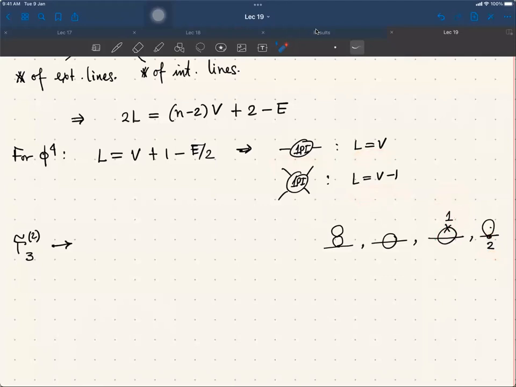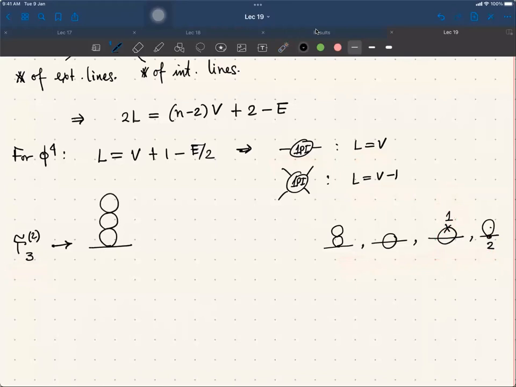But now for this gamma tilde 2 at level 3, or at loop level 3, you have to add one loop to all these diagrams, and you have to find out. So I leave that as an exercise. I'll give you some examples. For example, this is one diagram that appears there. You just add one loop here.